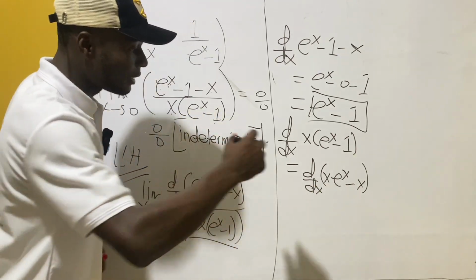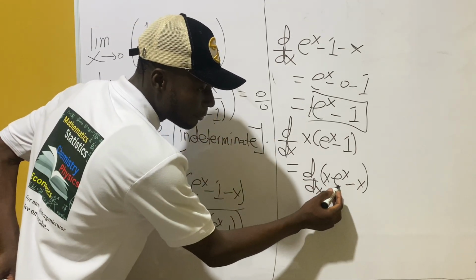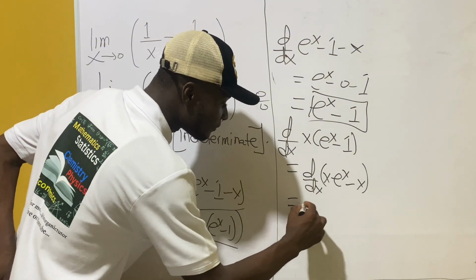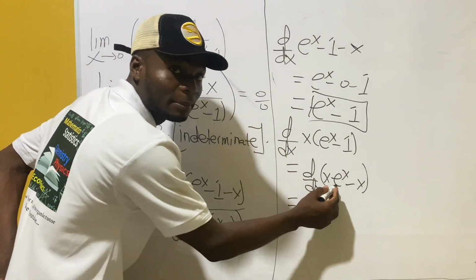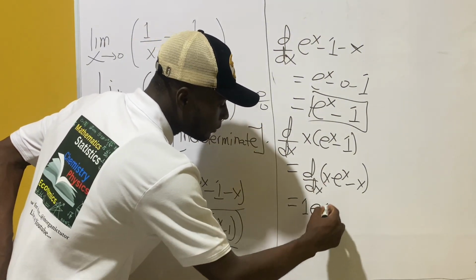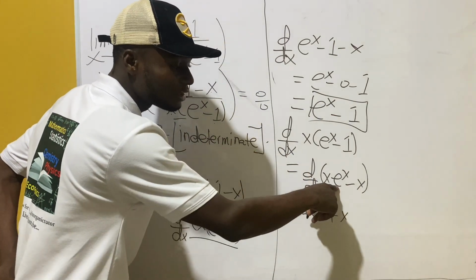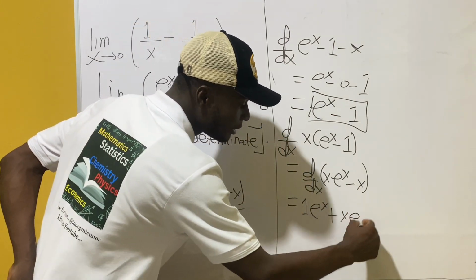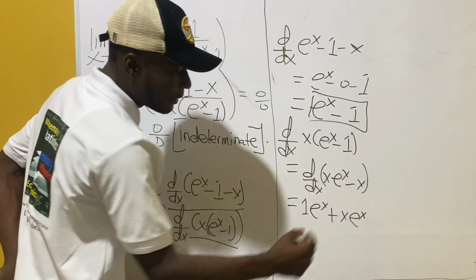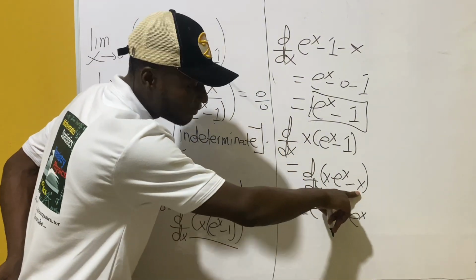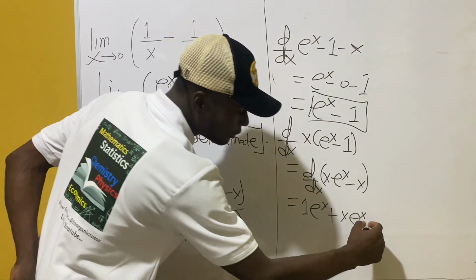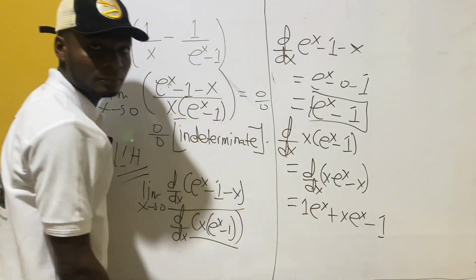When we differentiate x and maintain e power x, we have 1 times e power x, plus we maintain the x and differentiate e power x, which gives us x e power x, minus the derivative of x, which is 1.